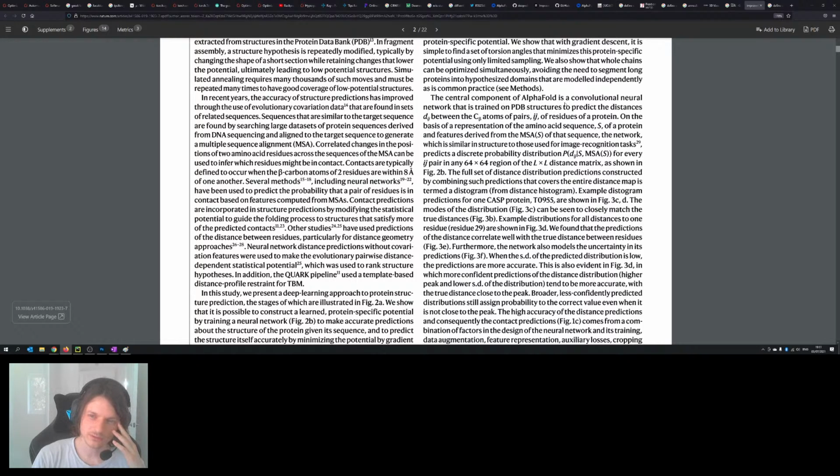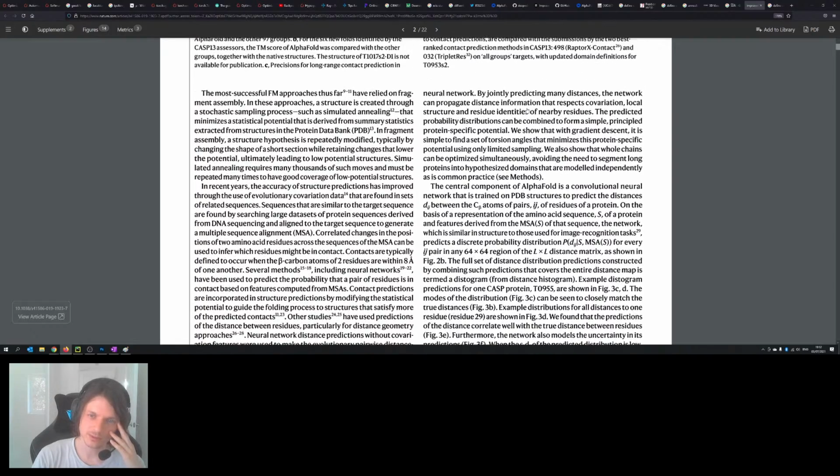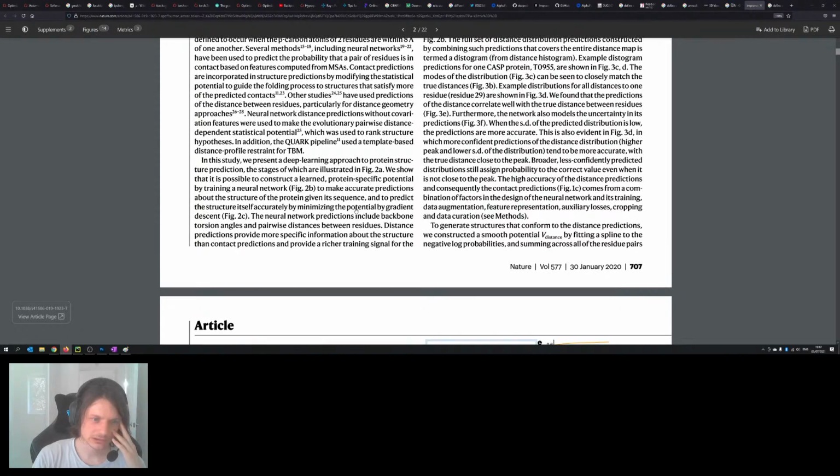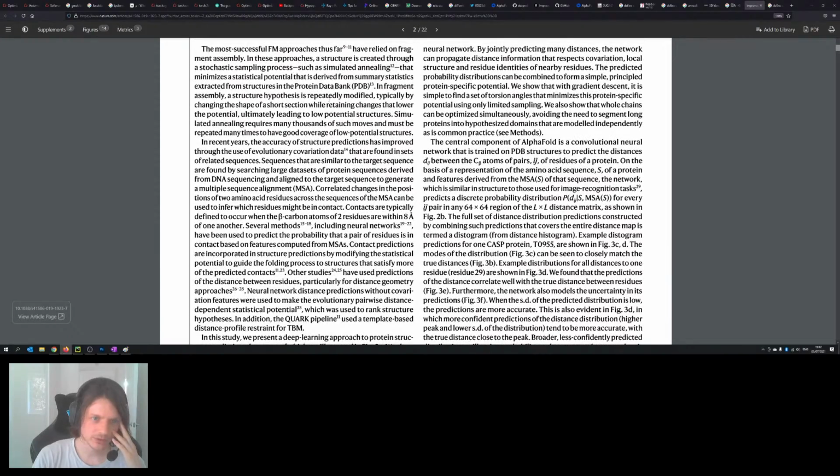Wait, what was PDB again? Protein Data Bank. PDB, okay. It's trained on the Protein Data Bank structures to predict the distances dij between the C-beta atoms of pairs ij of residues of a protein.